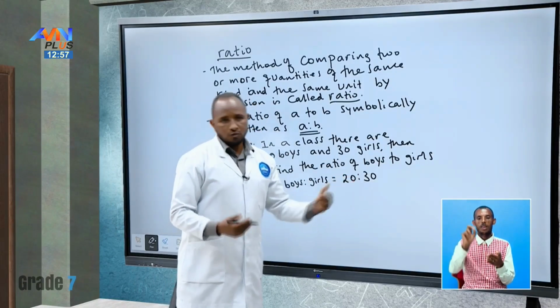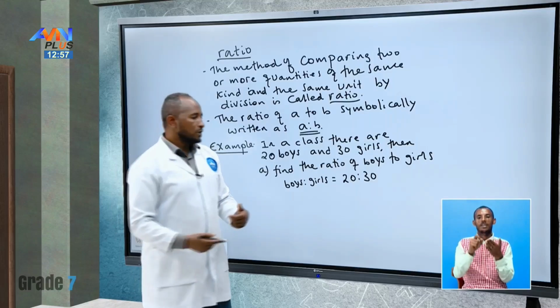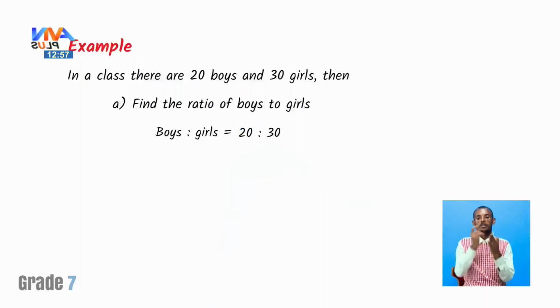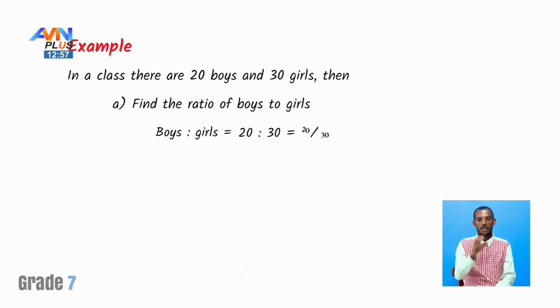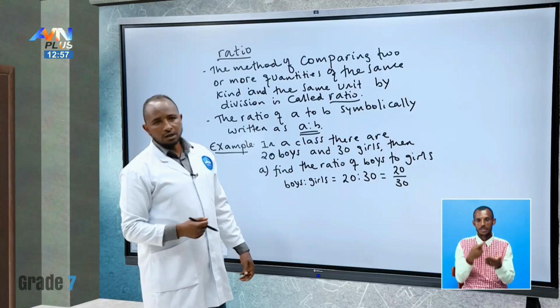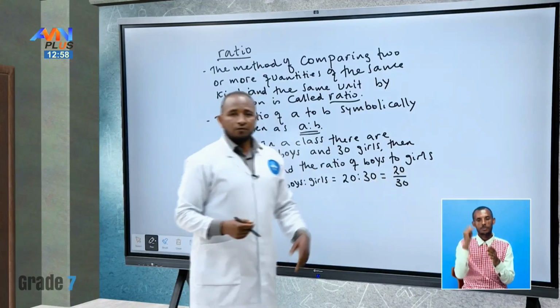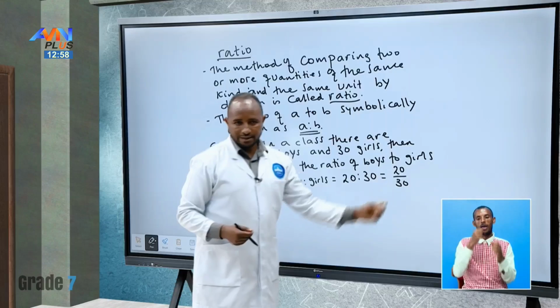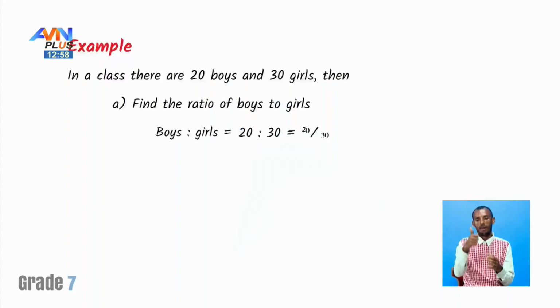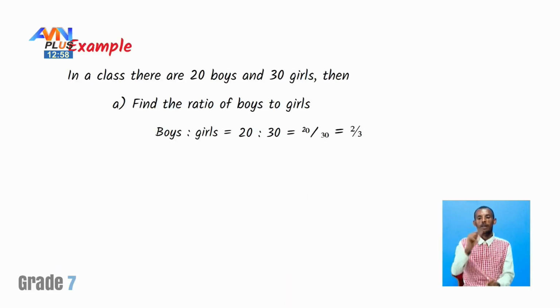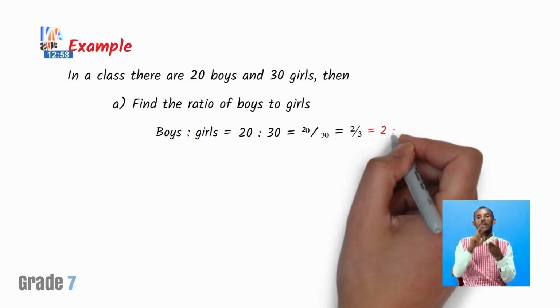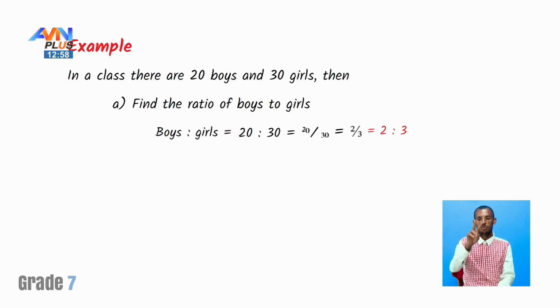And the ratio can also be written in fraction form. So let's write this in this form, 20 over 30, and convert this into lowest term. As you can see, both are multiples of 10, so I can divide both by 10. You will have 2 and 3, or simply cancel out zeros, you will have 2 over 3. And finally, you write the ratio in this form, 2 ratio 3. This will be the answer.